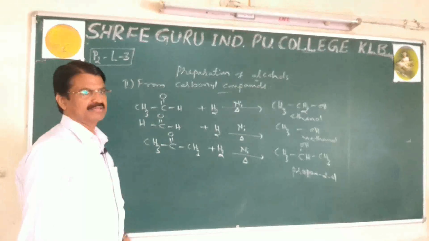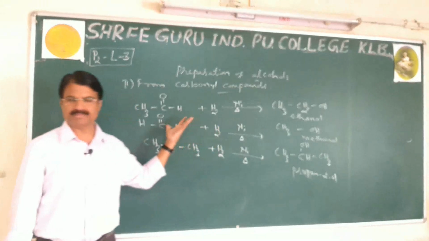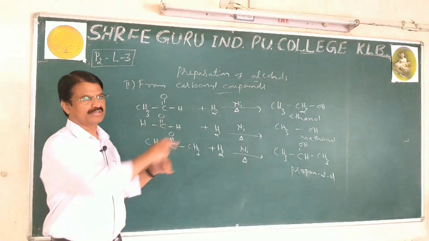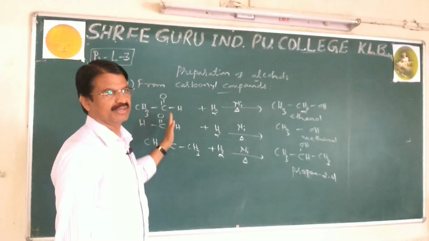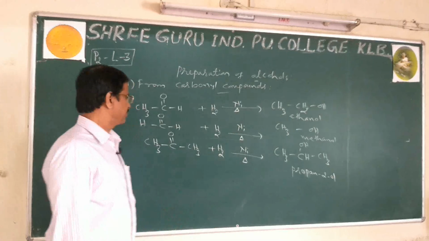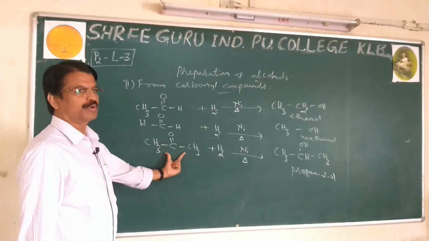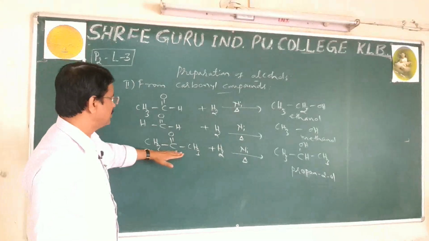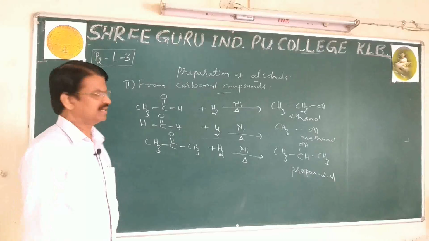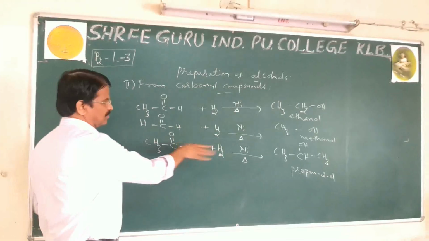Now in a theory paper, such questions are expected. How are the following converted and write equations? You get a question like this. How do you convert propanone to propan-2-ol and write the equation? Okay, write this equation like this.